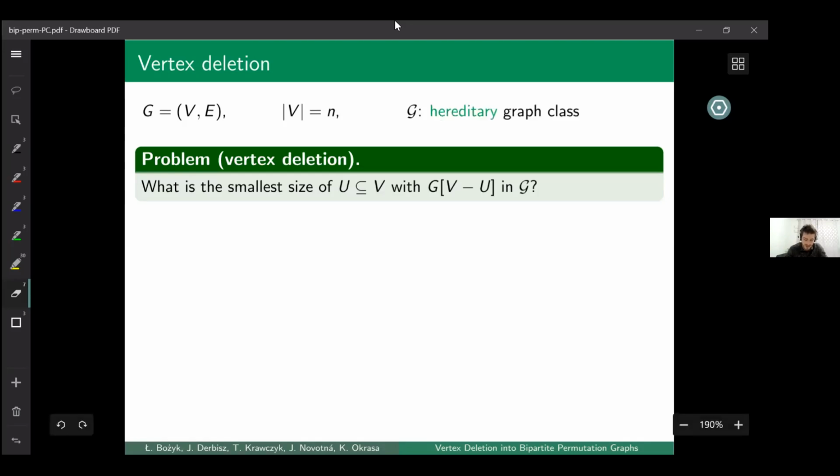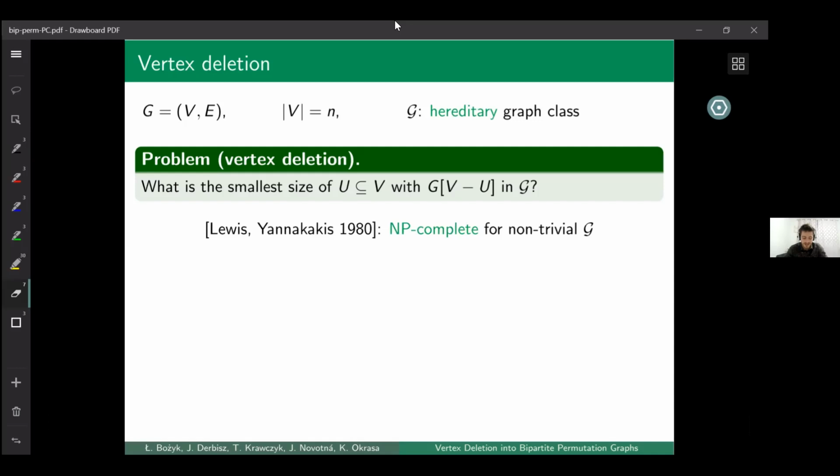But in general, we are removing vertices, so reasonable classes to consider are classes closed under deleting vertices, so hereditary graph classes, in other words. But this is in general NP-complete when the hereditary graph class is non-trivial, so it has infinitely many different non-trivial connected components involved in the class.